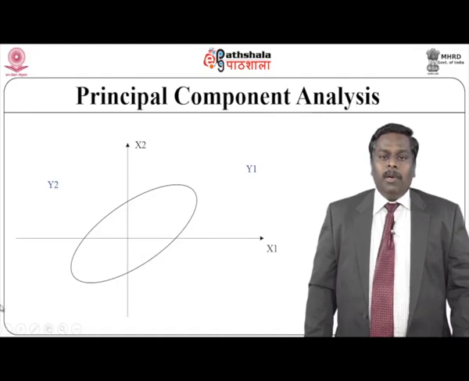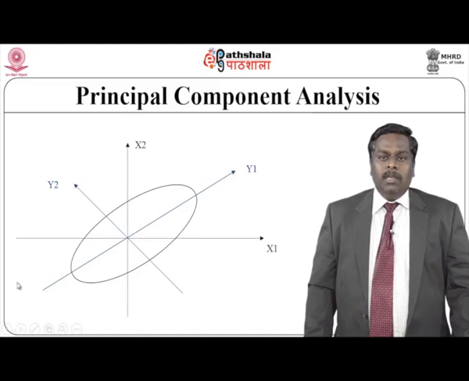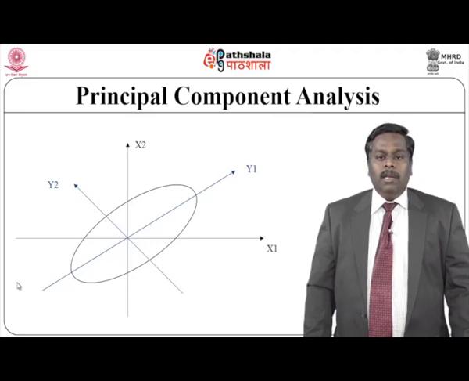Now, principal component analysis will result in two other dimensions which are generated from the original two dimensions x1 and x2. Assume the two new dimensions are represented as y1 and y2.